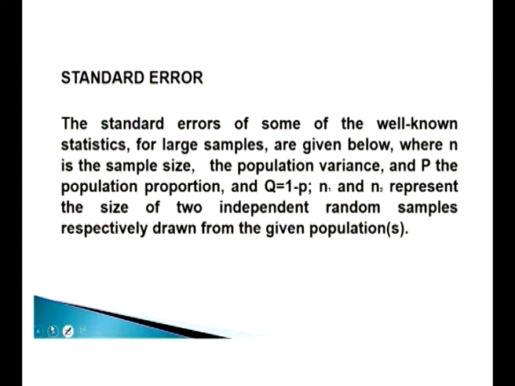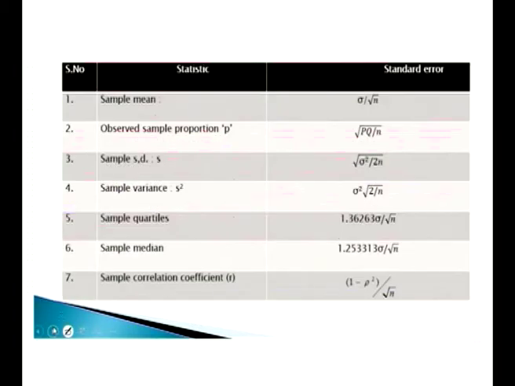The standard errors of some well known statistics for large samples are given below, where n is the sample size, the population variance is sigma square, p is the population proportion and q is equal to 1 minus p. N1 and N2 represent the sizes of two independent random samples respectively drawn from the given population. This tabular column describes the statistic and the corresponding standard error.